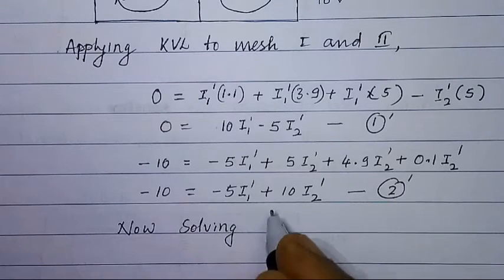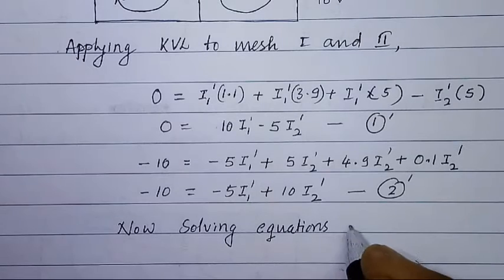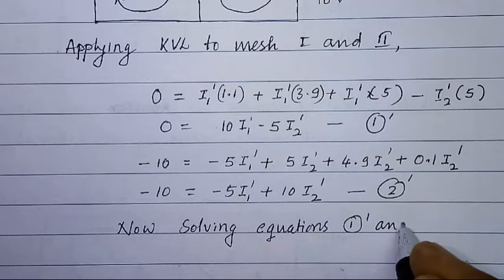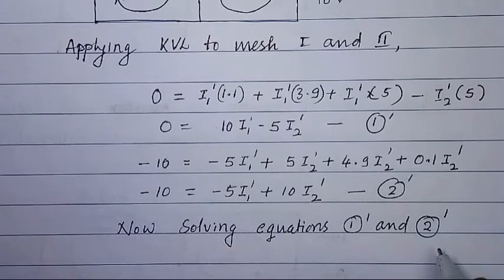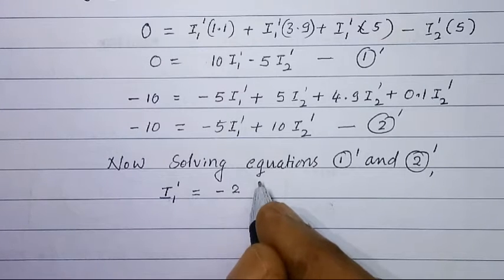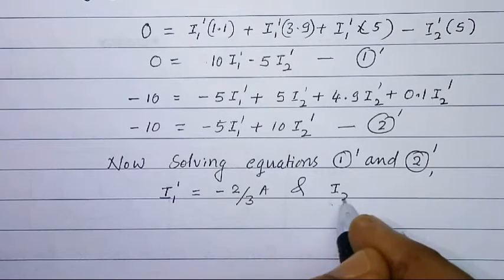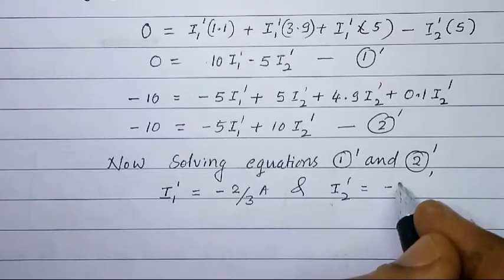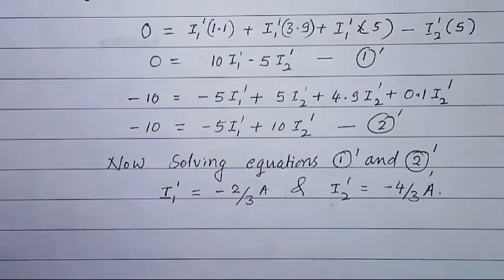Now solving equations 1 dash and 2 dash, we get I1 dash equal to minus 2 by 3 ampere and I2 dash equal to minus 4 by 3 ampere.